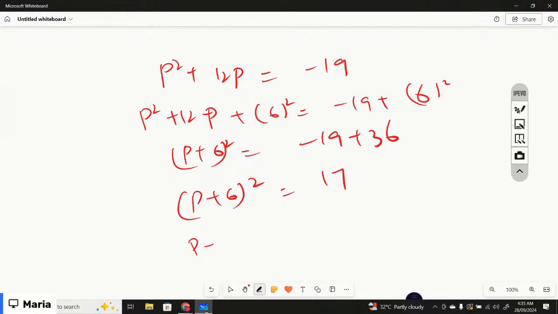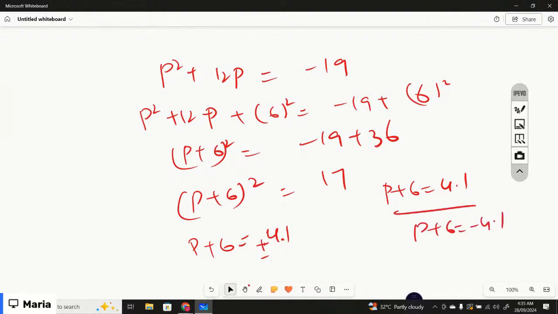You need to square root both sides. That is p plus 6 equals, square root of 17, that is 4.1. So p plus 6 equals 4.1, p plus 6 equals negative 4.1.